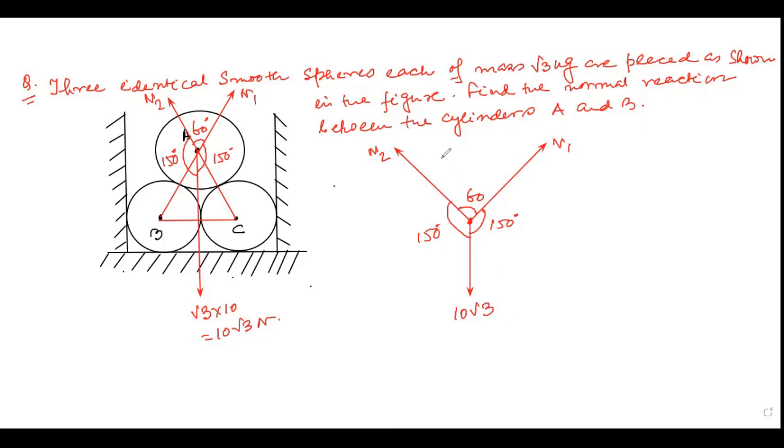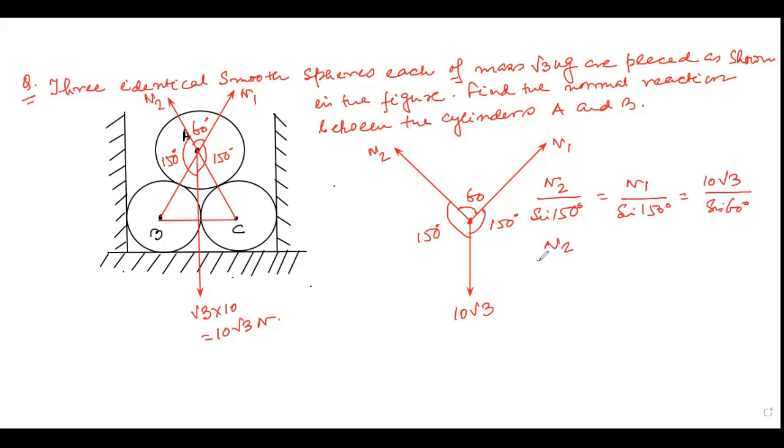Applying Lami's theorem, N2 by sine of the opposite angle, that is sine of 150, equals N1 by sine of 150, equals 10 root 3 divided by sine of 60.